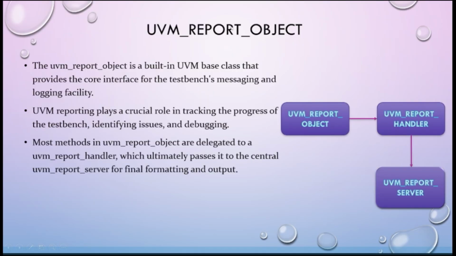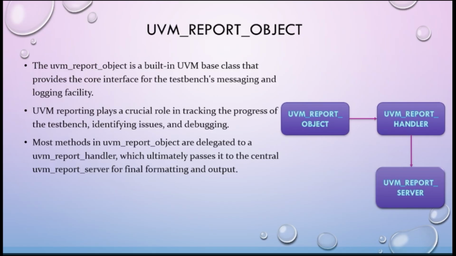Now what does this UVM report object actually do? From the name itself you can see that UVM report object is responsible for reporting. So what does it report? It reports your test bench track process. It reports any issues that it has identified during the simulation, or it reports debugging.